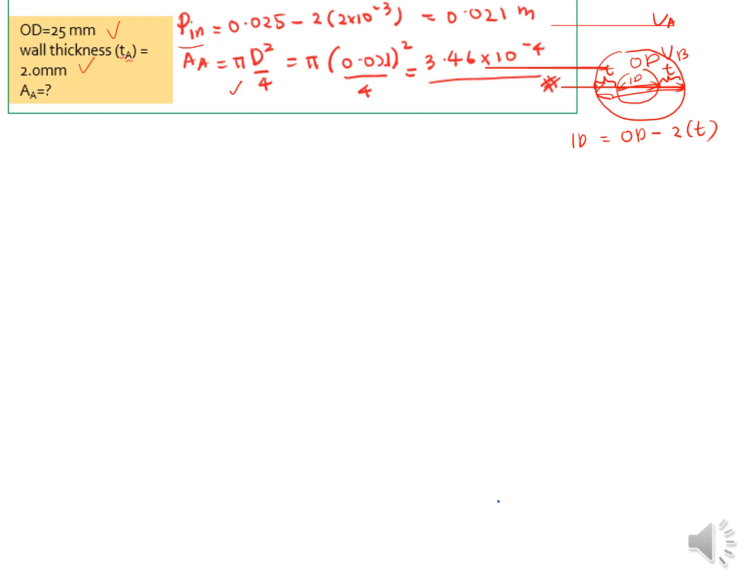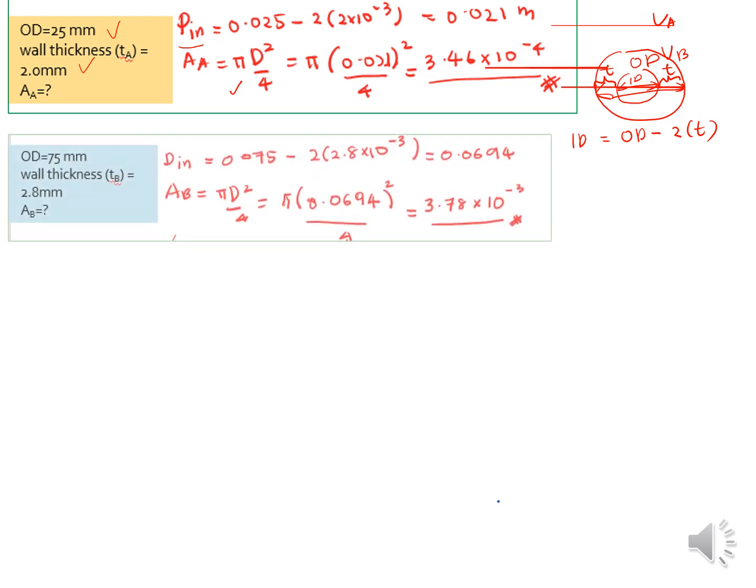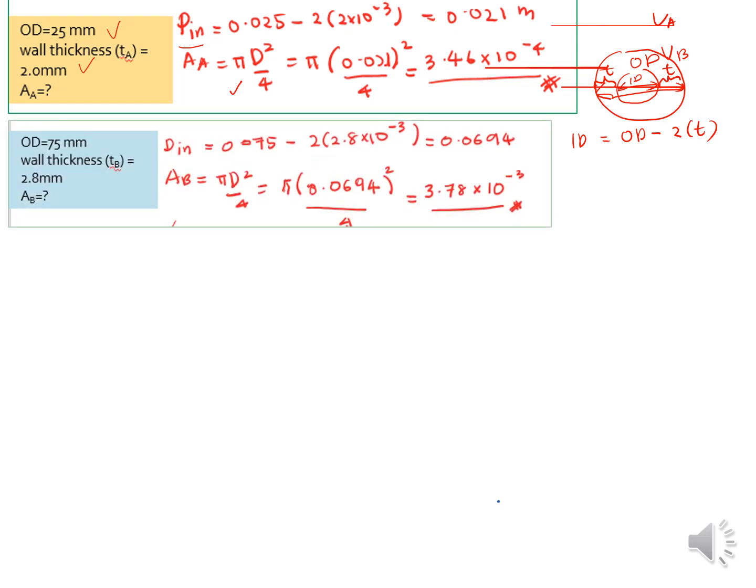Then we can get the area. The same goes for AB, where the value of the area is 3.78 times 10 to the power of minus 3, and the area at A is 3.46 times 10 to the power of minus 4. The unit is meter squared, and this one is also meter squared.